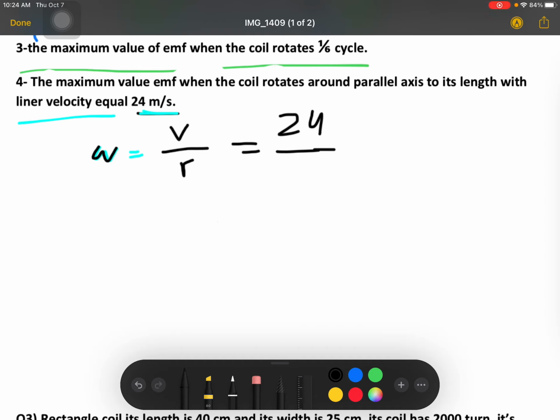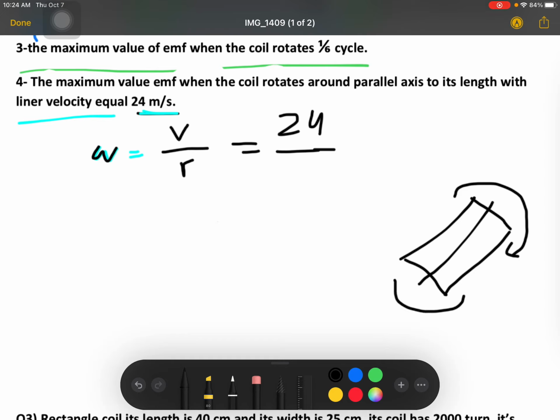Now we talk about the radius of rotation. Let me show you how to understand what the radius of rotation is. If we have the coil here, as you know, the coil will rotate in this direction, and while the coil rotates, it will seem like that.